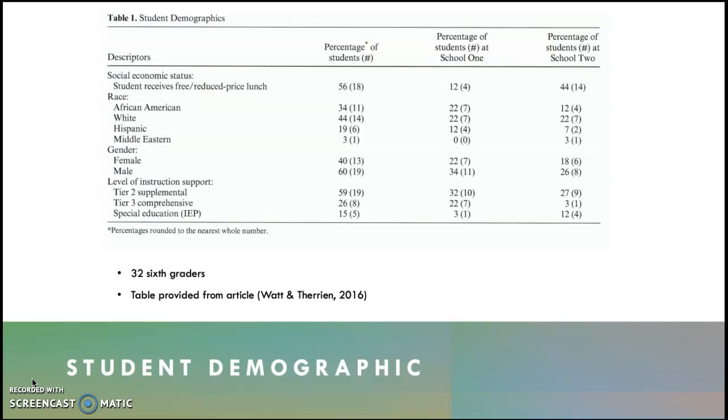It also provides the socioeconomics, so students who received free and reduced lunch, a breakdown of race and gender demographics, but also level of instructional support, which I thought was very important to see how many students were receiving what type of support within the building, including special education. So these are the students who had specific mathematical goals on their IEP. And again, this is broken down by School 1 and School 2, but also overall.